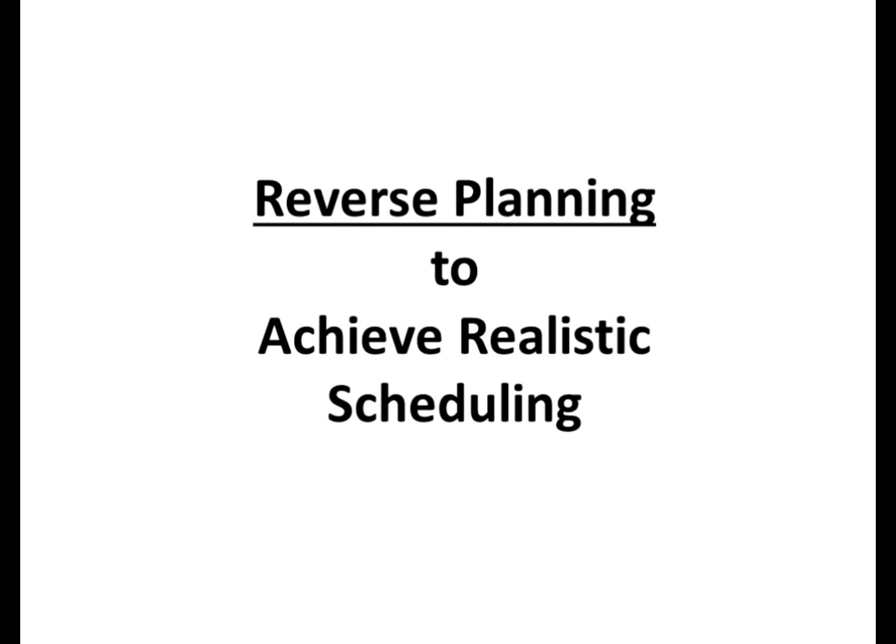We know that at 8:30 we need to place the notepads and ink pens there. But what needs to happen at 8? What needs to happen at 7:45? What needs to happen at 6 that morning? So start with the time of your event and then work your way backwards. And again, that's called reverse planning. And it's done to really achieve a realistic schedule for your event.